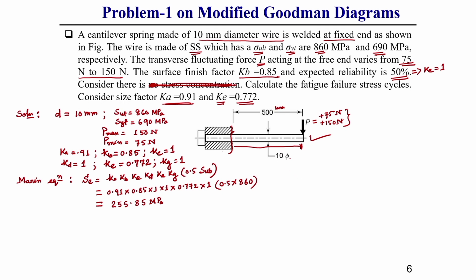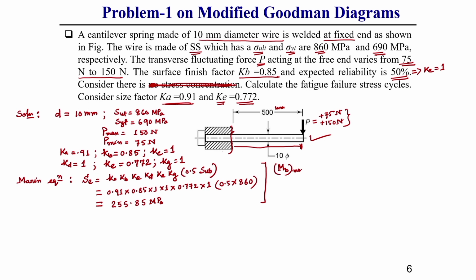So, for that, what should be the maximum bending moment at the fixed position, and what is the minimum bending moment at the fixed position, that I need to calculate. We know bending moment.